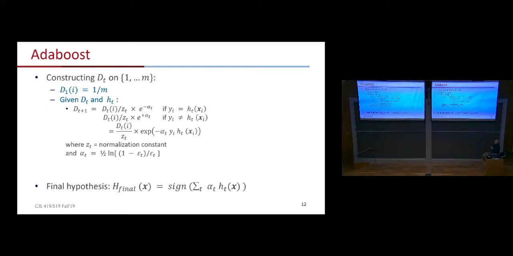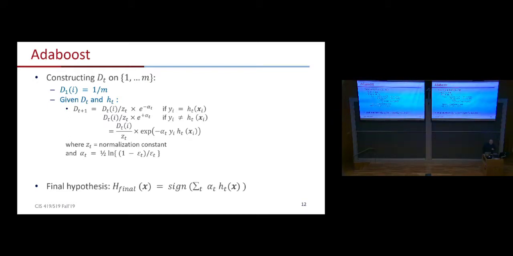So basically we are learning a linear hypothesis, very similar to what you've done already in homework 1, only that we combine the h_t's in a specific way with these alpha t's that are determined incrementally.